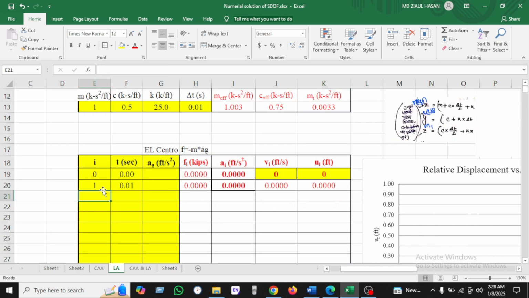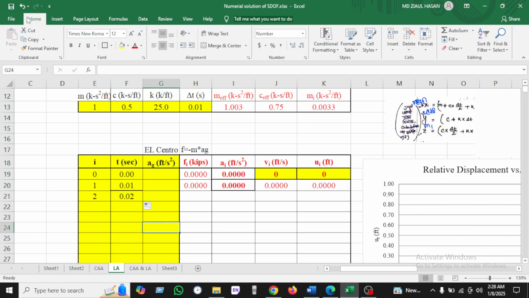Now we calculate the I values 1, 2, 3, 4, 5 as it is. If you want to get more and more you can, but it is not needed. What is needed is how many intervals you have taken.